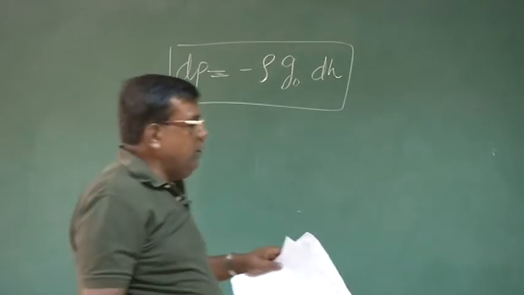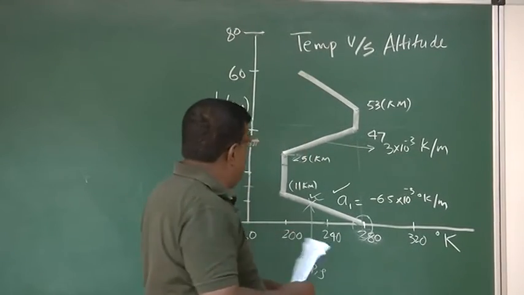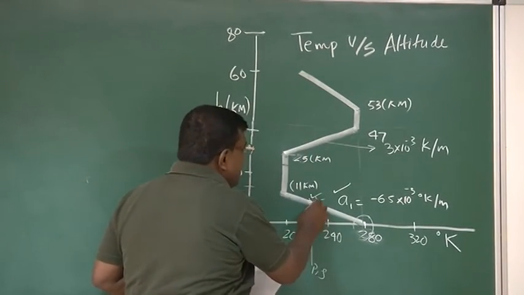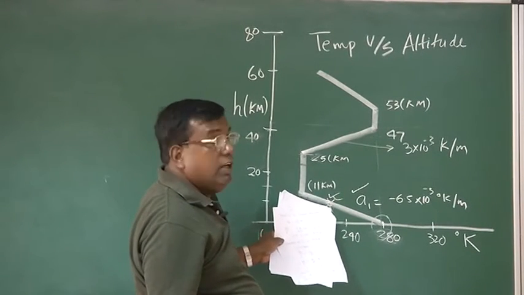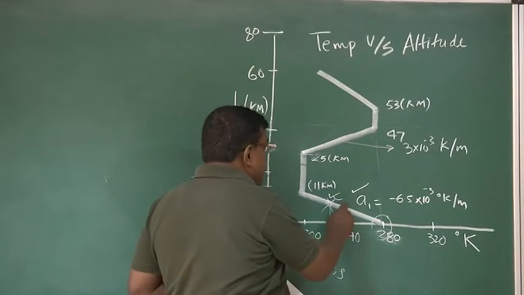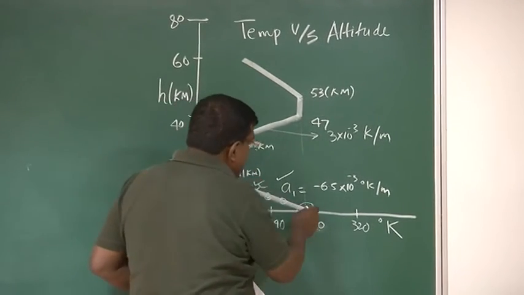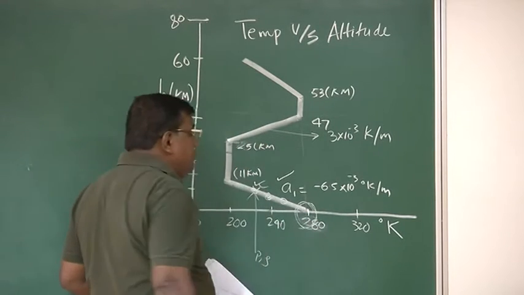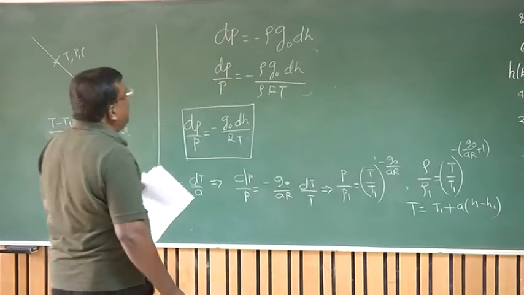Now come back to this. What is our aim? Our aim is, this temperature profile is available. I want to find out what is the temperature, which I know from here, what is the pressure, what is the density at this point, or some other point here, or some other point here. And what is given to us? I know what is the condition here. Right? From the static balance, what important relationship did we get?